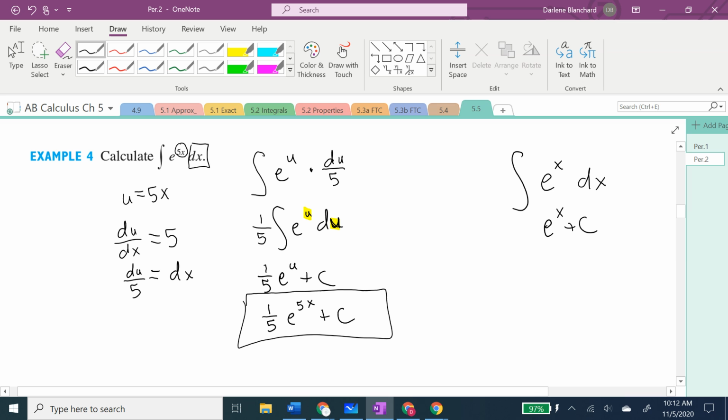And after you do enough u-substitution, you start becoming very fast at it. But the first day that you do it, you're very unlikely to be fast at it. So give yourself time, do the process slowly, make sure that the process makes logical sense.